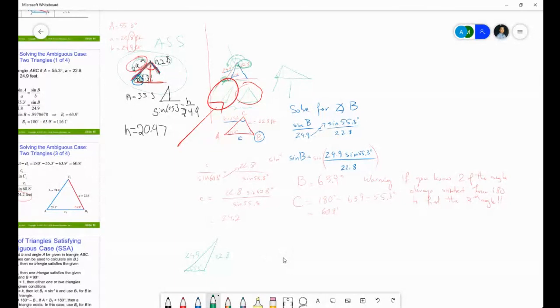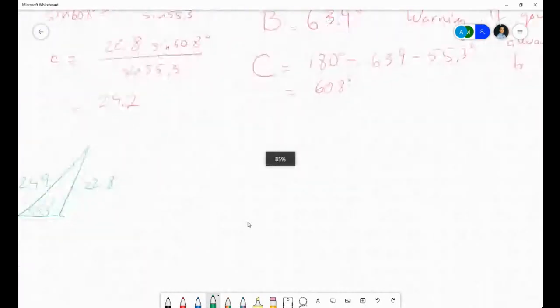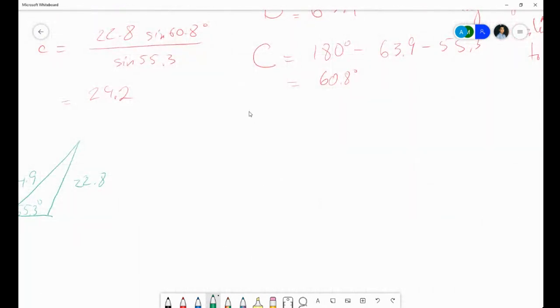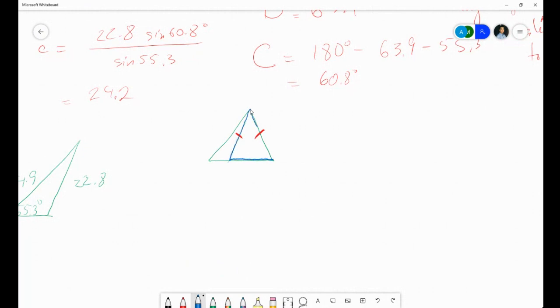Let me show you something that makes this go a lot quicker. When we swing outward, we have this triangle here, and when we swing inward, we have this triangle here. The one thing you need to realize is that this side is the same as this side. So what we have is actually an isosceles triangle, which means this side and this side are the same.